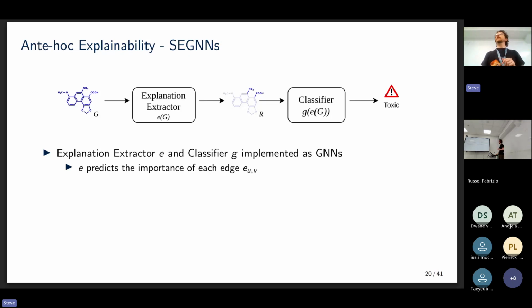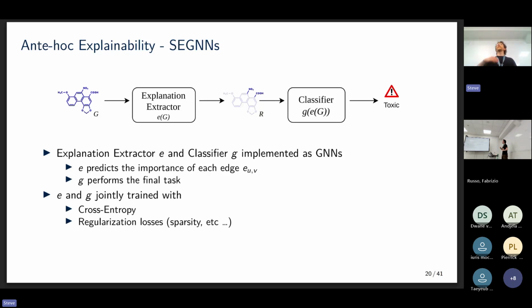This is typically kind of equivalent, depending on what you prefer. But the idea is that it predicts the importance of subgraphs. Whereas the second one performs the final task, and the two modules are trained jointly with the standard cross entropy loss for task accuracy and with some regularization losses, for example, to promote sparsity or other desirable properties of your choice.